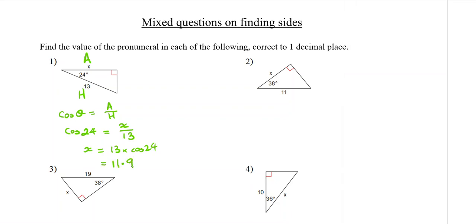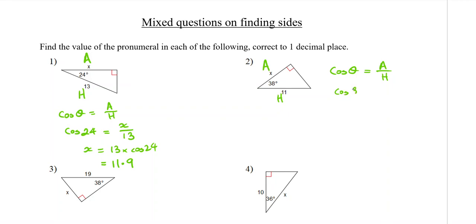Okay. Now we switch to question 2, and we've got to start all over again. Sine, cos, or tan. Well, what sides do we have? This side is the A, and this side is the H. Oh, A and H again, that's boring, because what's A and H? Oh, cos again. Okay. So write the rule down. Cos theta equals A over H. Sub your numbers in.